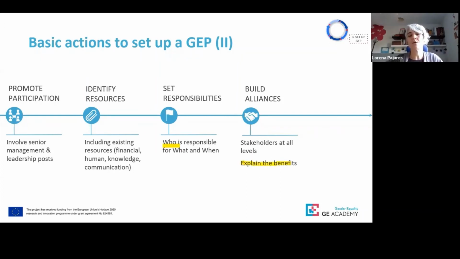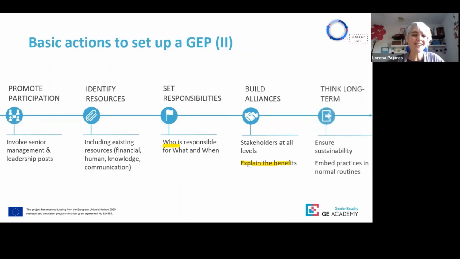To explain what a gender equality plan implies, what the benefits are for each stakeholder and for each agent and for each group of the organization. And also the practical tip would be to adapt your speech according to the profile that you're addressing, okay? We want to get them in, okay? So take into account that this effort is going to be a long-term effort. It needs to be continued throughout the whole implementation process. So make friends here.